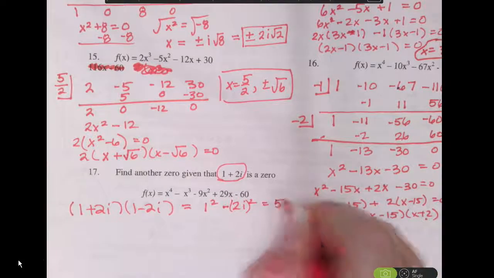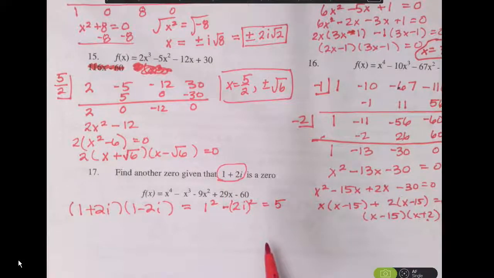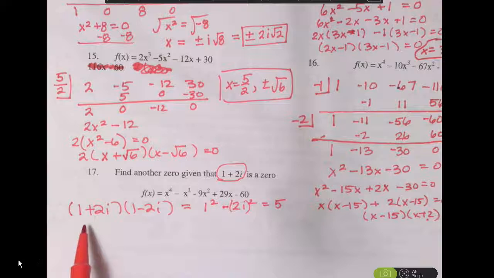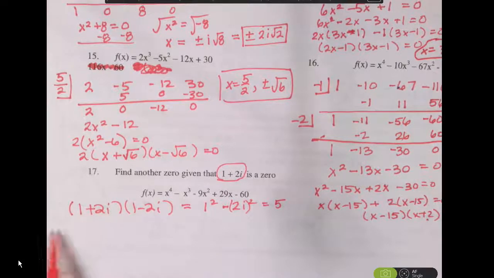So that's 5. So 5 should synthetically divide in. And rather, it's not 5, you know what, I have to take the roots of this.